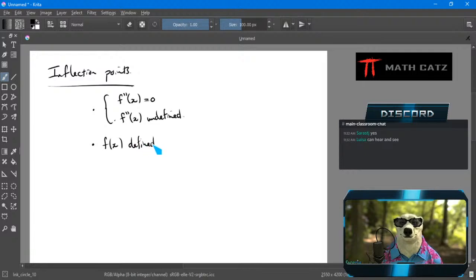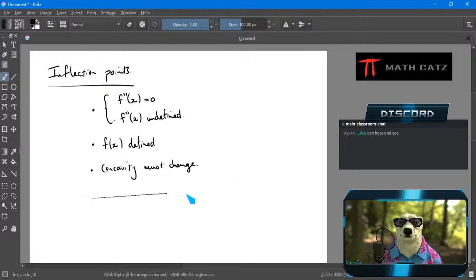It's a little more technical than that, but for our purposes that's sufficient. And there's a third condition that the critical point classification does not have: the concavity must change as I cross over it.